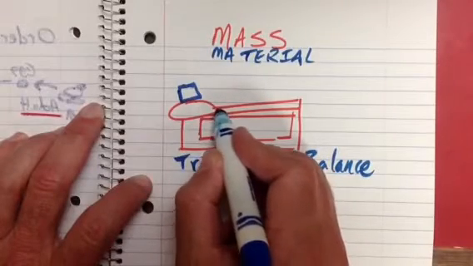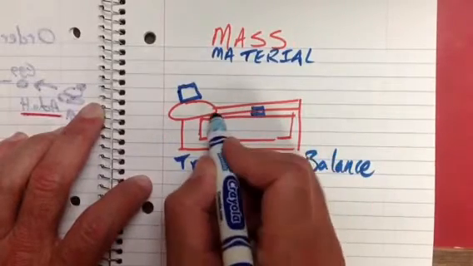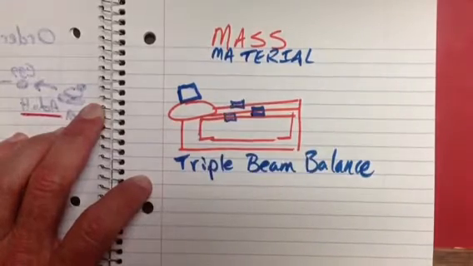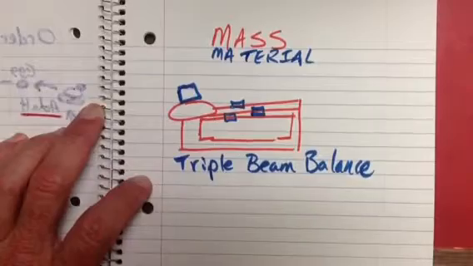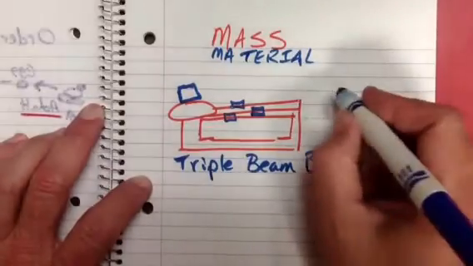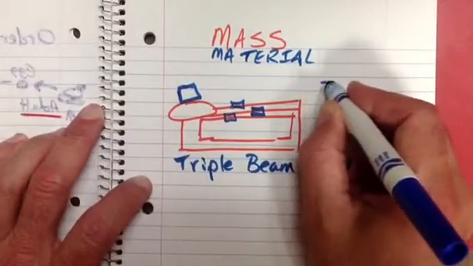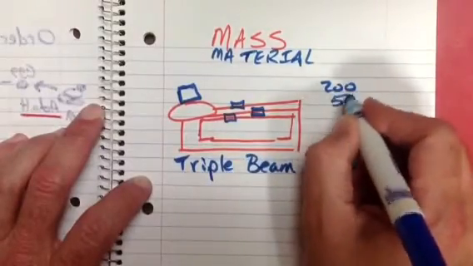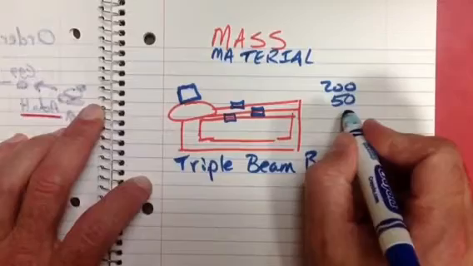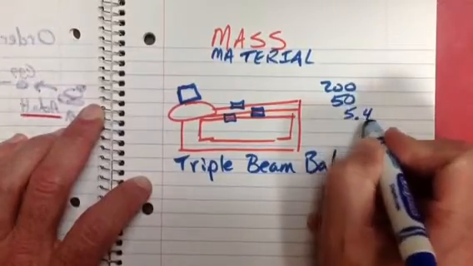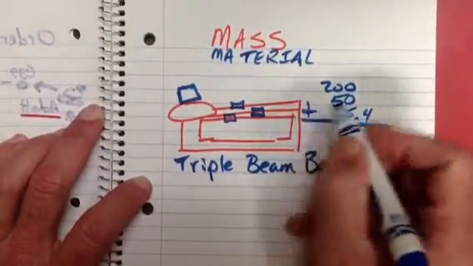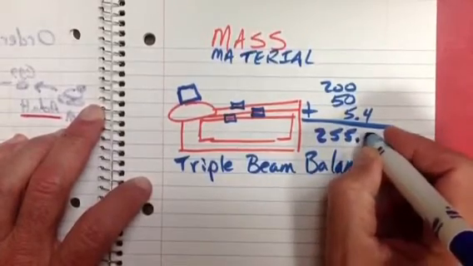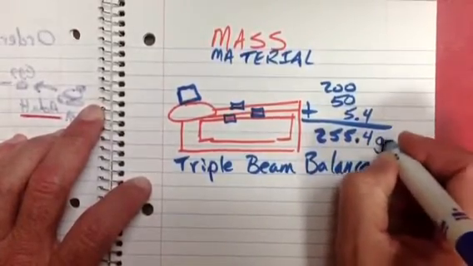We move the 100 slider first, and then the 10 slider, and then the very front one on the units and the tenths. Then we put all those numbers together. The 100 says 200 grams, the 10 says 50 grams, and the front one says 5 and 4/10 grams. So the unknown object has a mass of 255 and 4/10 grams.